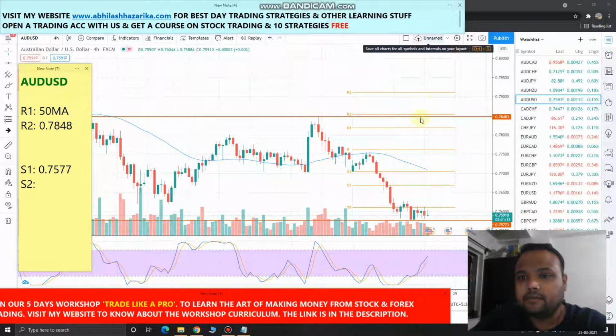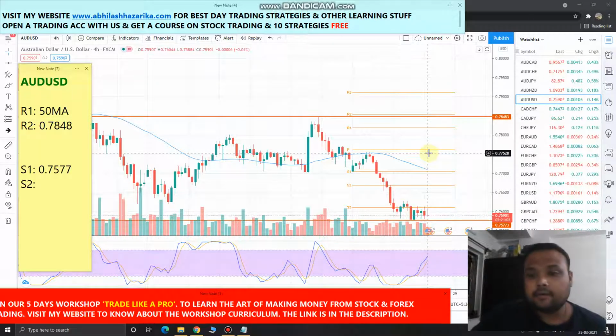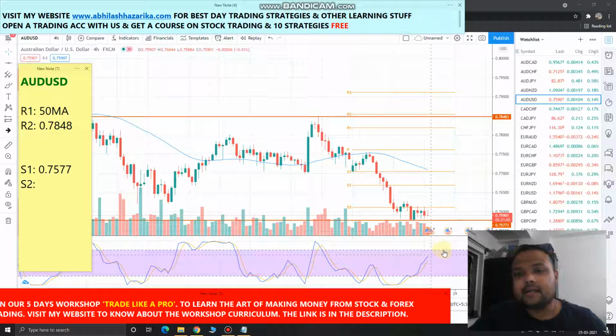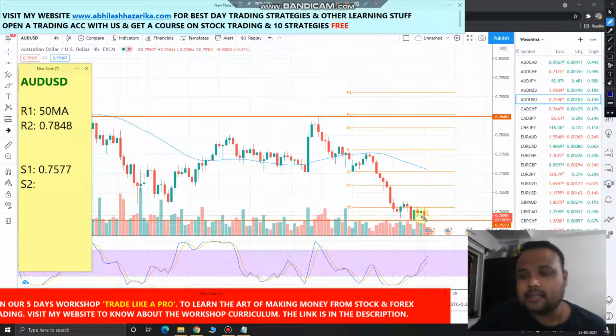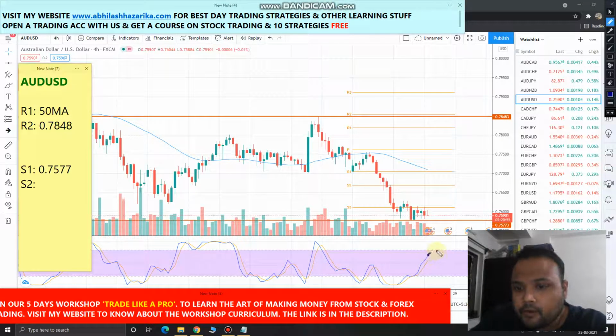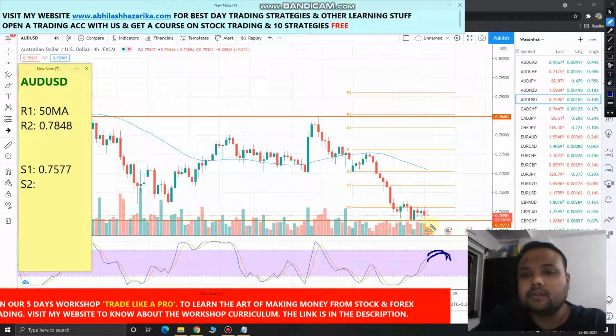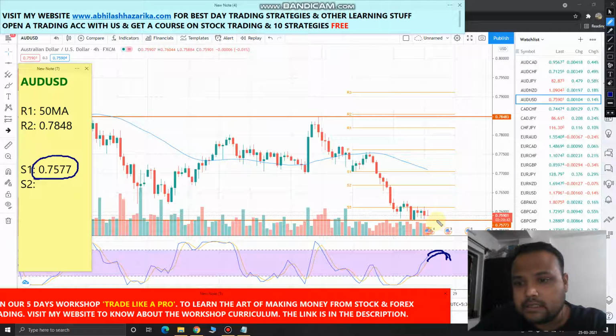When the stochastic RSI will be coming down from the upside, right now you can see that stochastic RSI is going up, when it will be coming down again, just observe the price. If you see that price has crossed the 0.7577 level, then you can short the market.